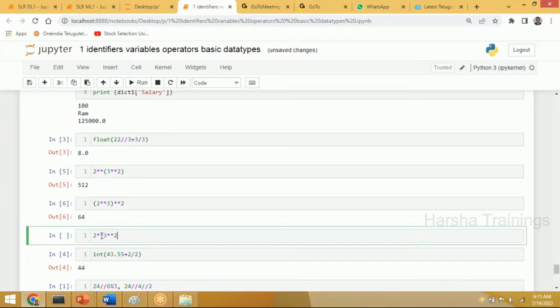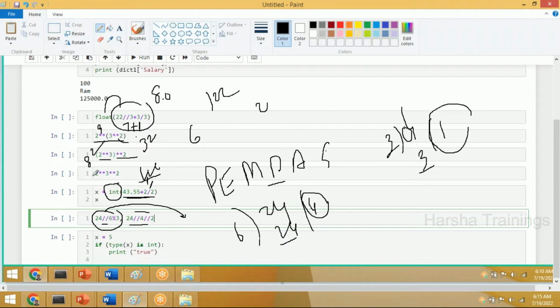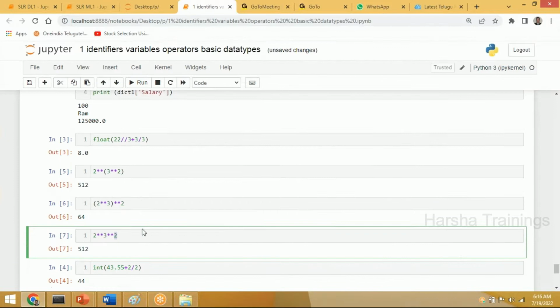Here I don't have parentheses, so I have to execute from left to right. 2 cube is 8, 8 to the power 2 is 64. Just a minute, let us do this job. Why is it giving 64? 2 cube is 8, 8 square should give 64, right?